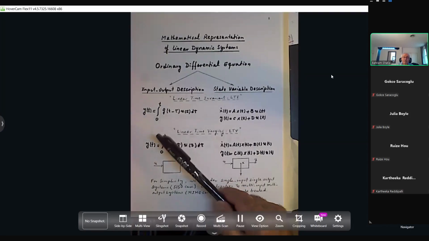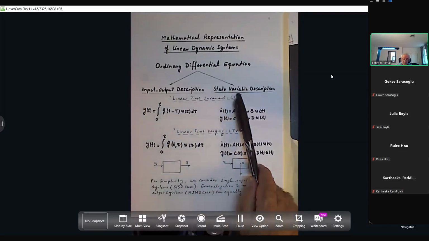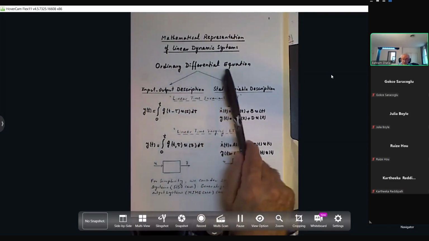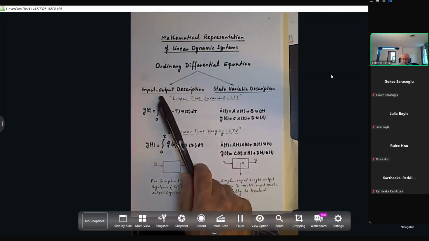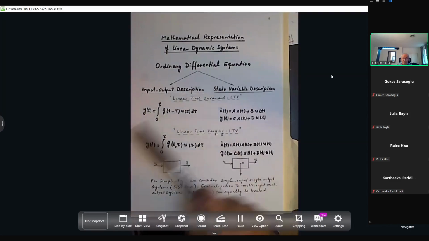When you take a linear system theory course, it is convenient to deal with these 2 representations. Although differential equations are important, for the sake of modeling and analysis of a system, it is convenient to work with these 2 representations.